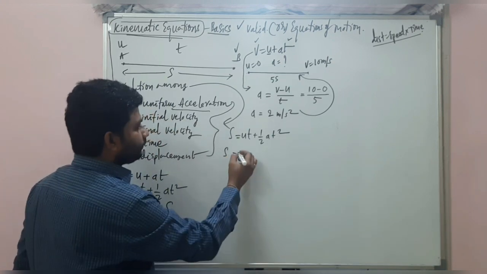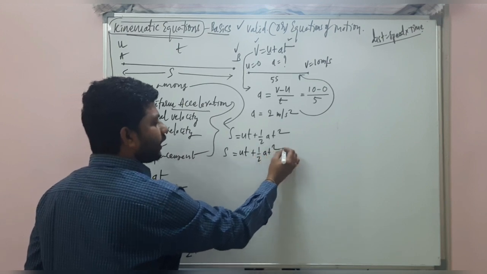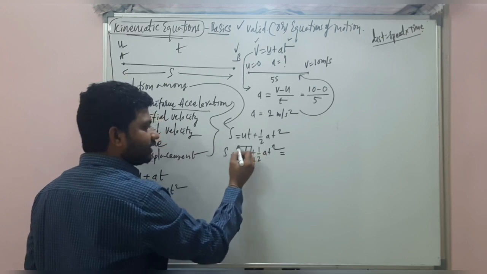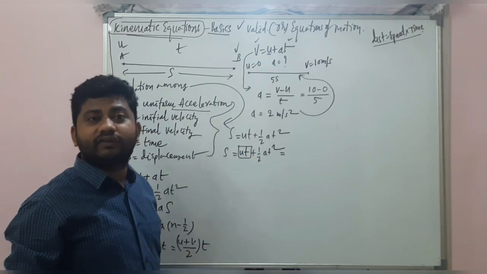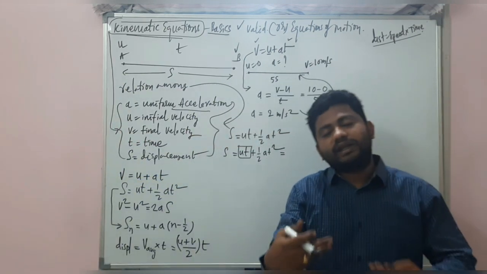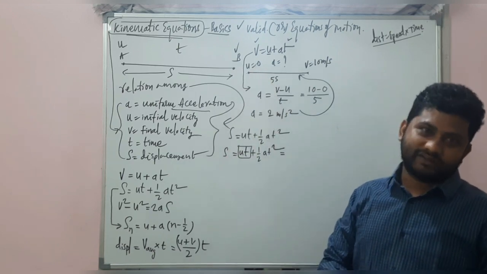S is equal to ut plus half at square, where the initial velocity u of the body is 0. They will not say the initial velocity is 0; they'll say the body is starting from rest. Starting from rest means the body has 0 initial velocity.